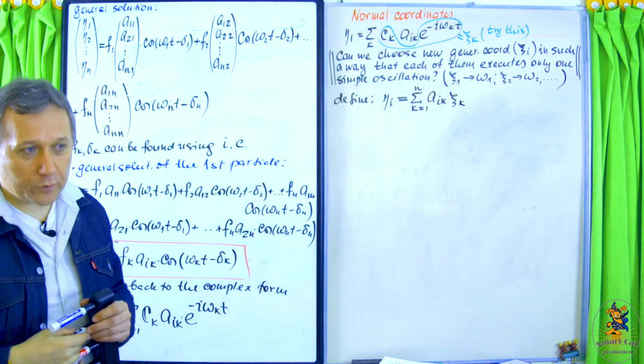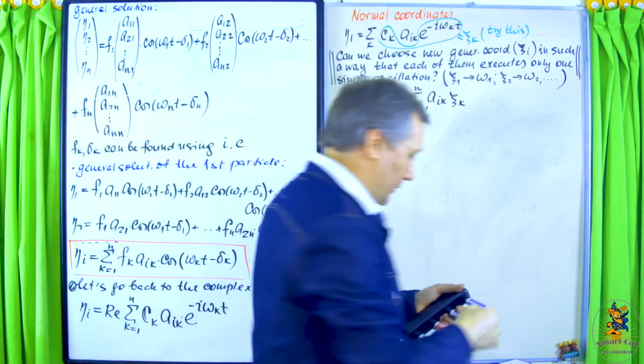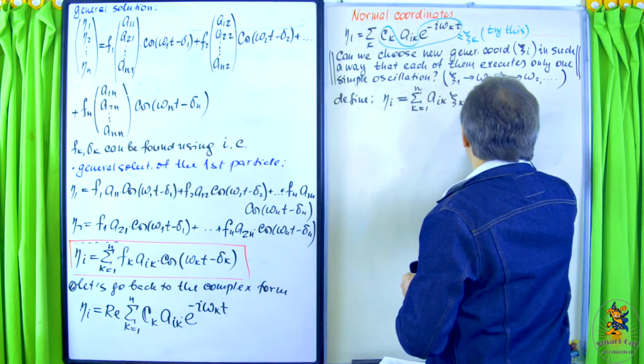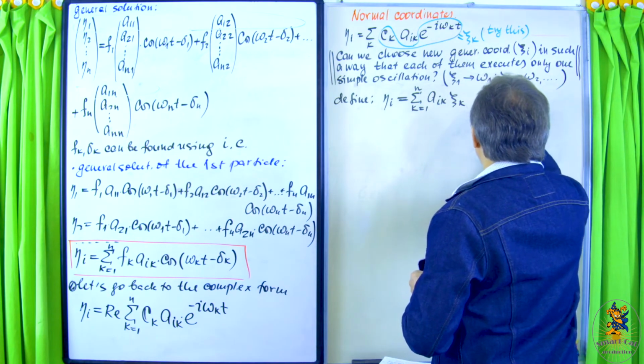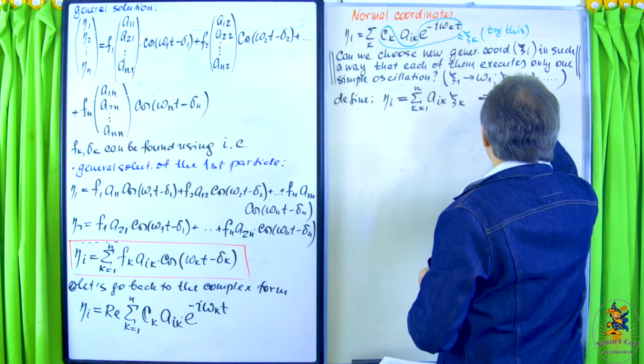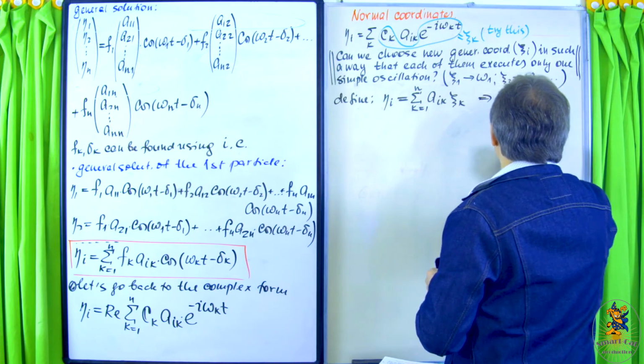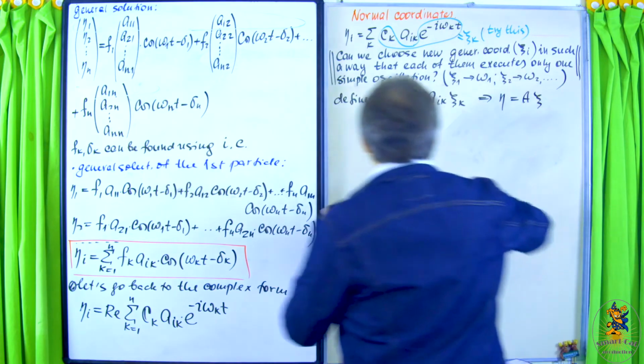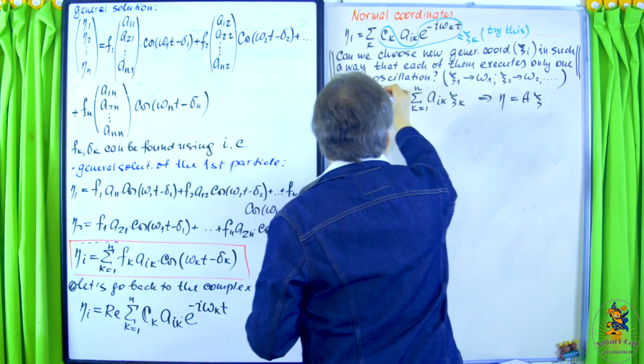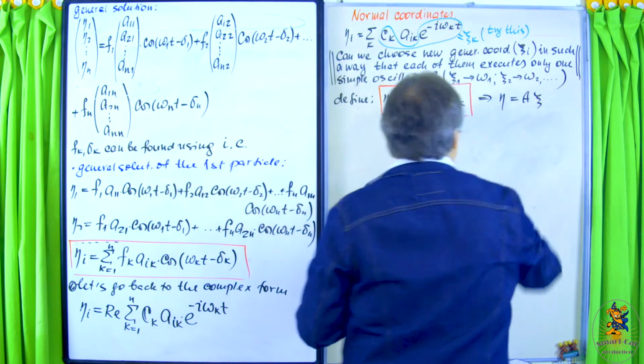Or we can write it in a matrix form: column eta equals the model matrix times the column psi. Let me frame it, since we're basically taking this as a definition.